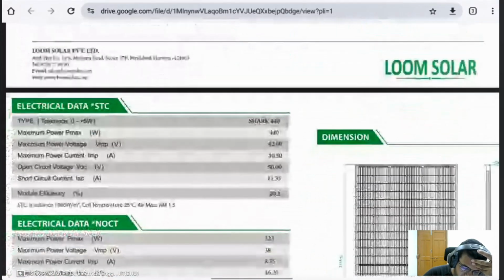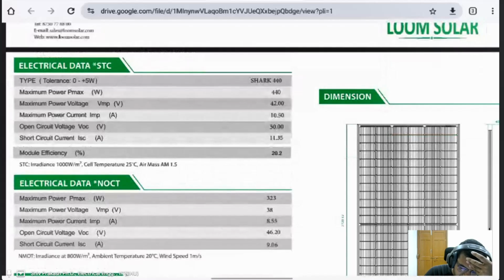Here is the electrical data sheet. Electrical STC means standard test conditions: irradiance of 1000 watt per meter square, temperature 25 degrees centigrade, air mass 1.5.